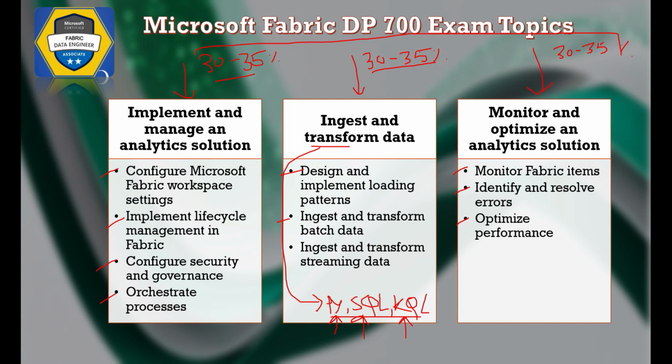But if you take a bird's-eye view, Microsoft is not just giving weightage from the data engineering perspective. The ingest and transform part is the heart of data engineering, a major part of a data engineer's roles and responsibilities, but they are also giving equal importance to optimizing Fabric elements, resolving issues, monitoring, and the data governance and security perspective from Section A, the first module.